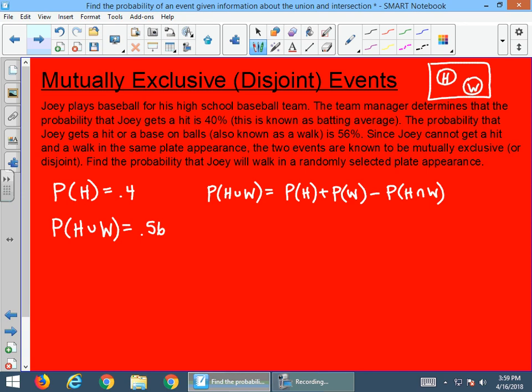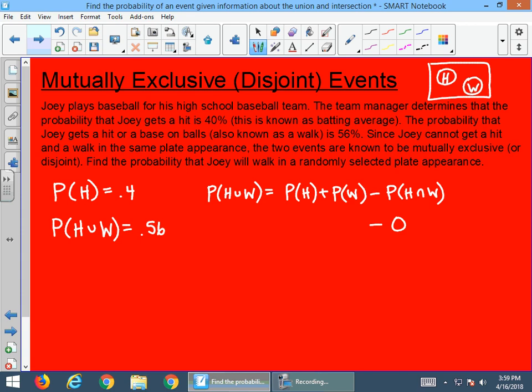The only difference is when I know that they are disjoint, then this piece on the right side is a 0, because it is impossible to have a plate appearance where you get a hit and a walk at the same time. You're only going to have either a hit or a walk or an out.